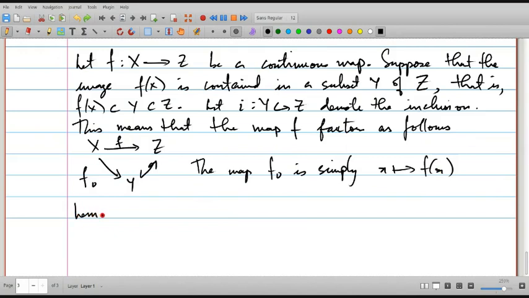So this lemma states the following. Let the notation be as above.